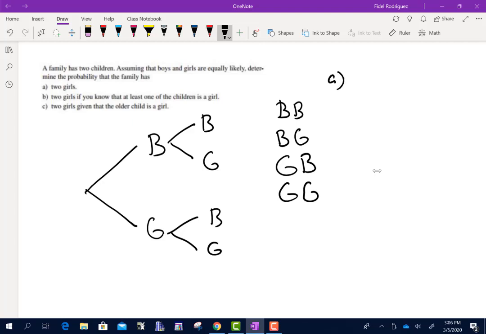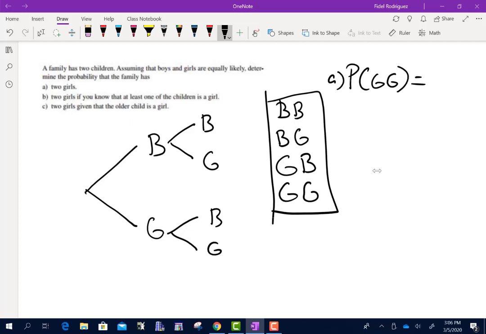Okay, so part A says find the probability that we're going to have 2 girls. So remember my sample space here, we have a total of 4 of them. And how many have 2 girls? Just 1, right? Now part B says what's the probability that we're going to have 2 girls if you know that at least one of the children is a girl?